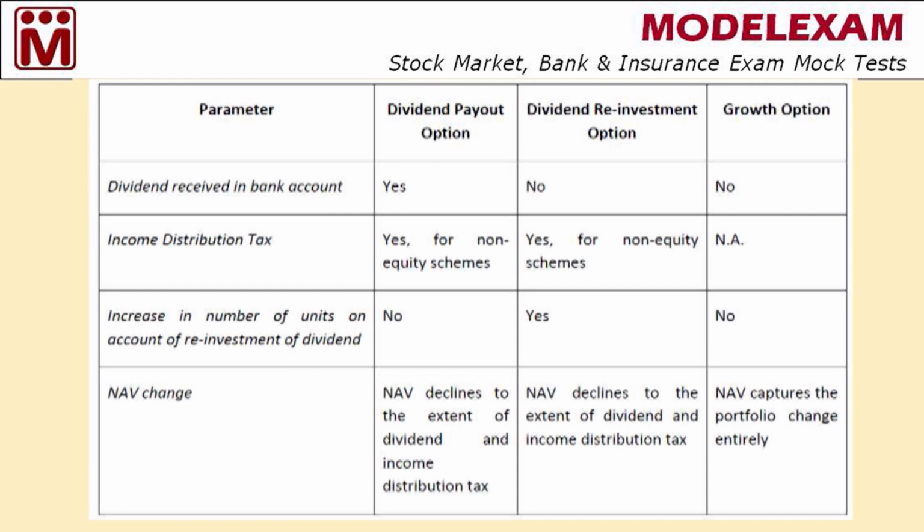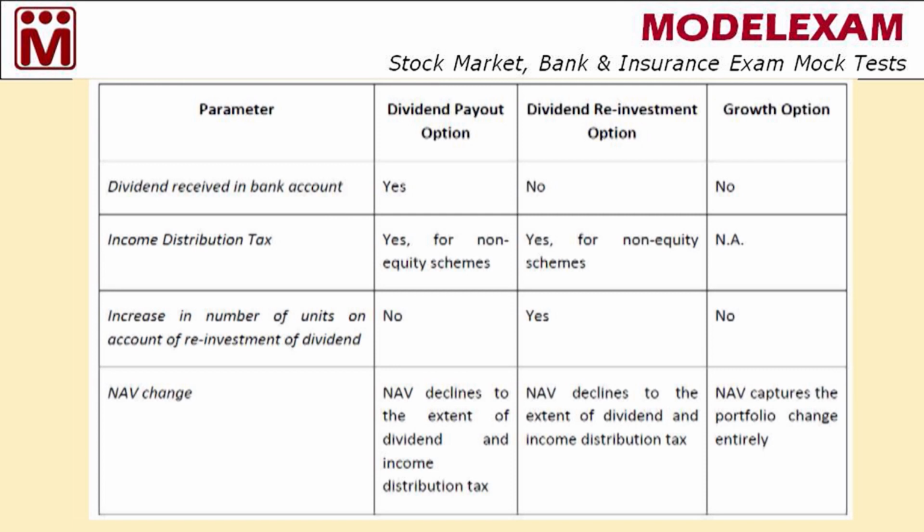So, what is the difference between payout and reinvestment? That is the third point: the number of units. The tabular column speaks about the increase in number of units. In case of dividend payout, our units will remain constant. There will not be any change in the number of units.